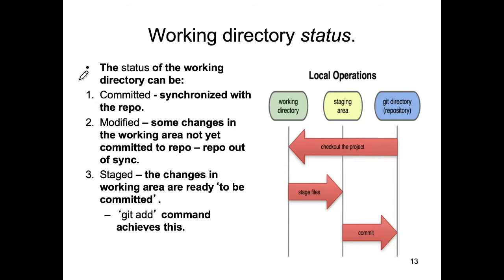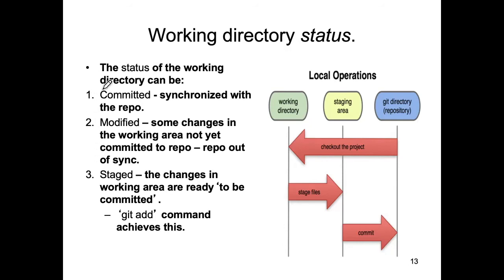So at any particular point in time, if I'm just making changes to files and committing them, every now and again I want to find out what is the status of my working directory. When we talk about status now, we're talking about the status of the working directory as opposed to the status of the repository.